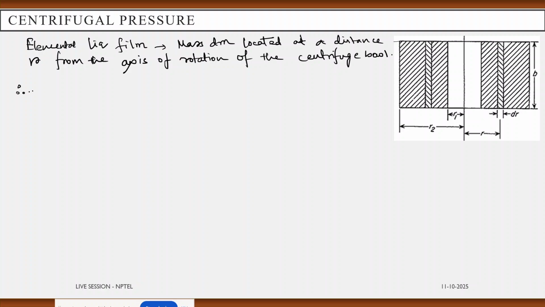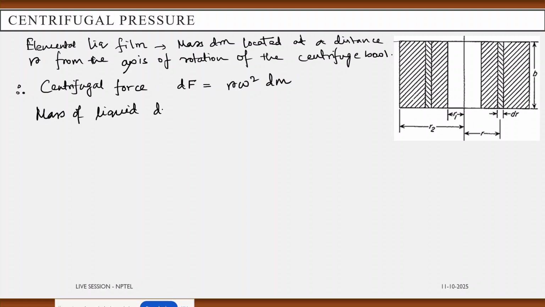So what would be the centrifugal force? The centrifugal force for that elemental liquid is dF equals r omega square dm, where dm, the mass of the liquid in that film, equals 2 pi r b into dr into density.